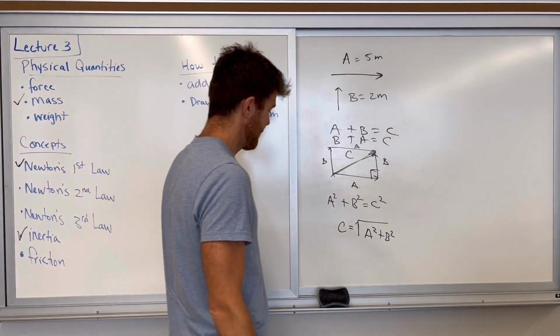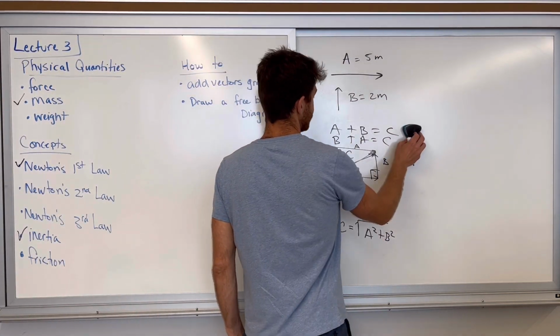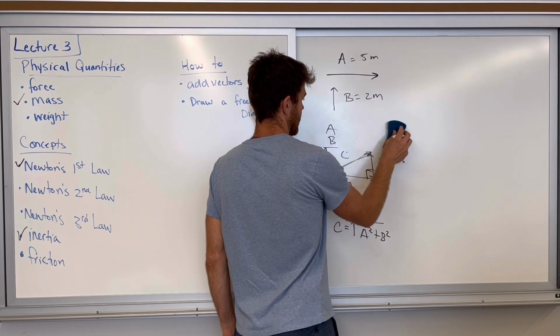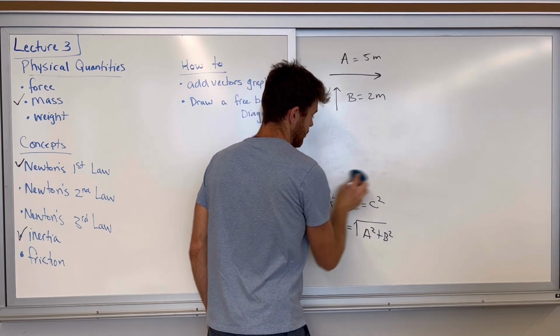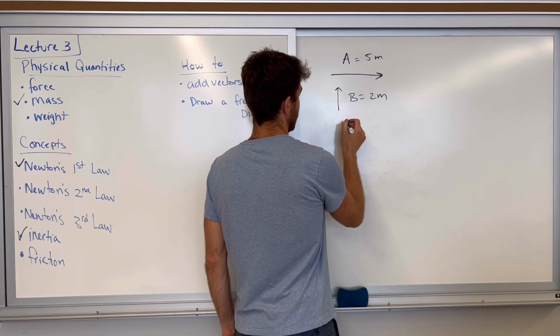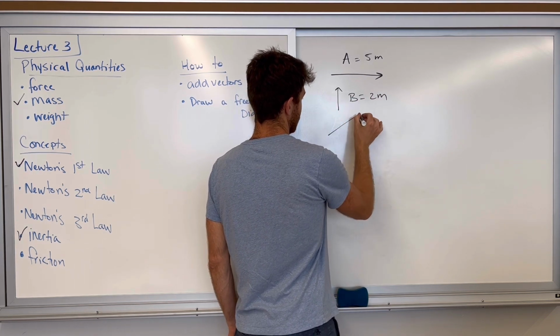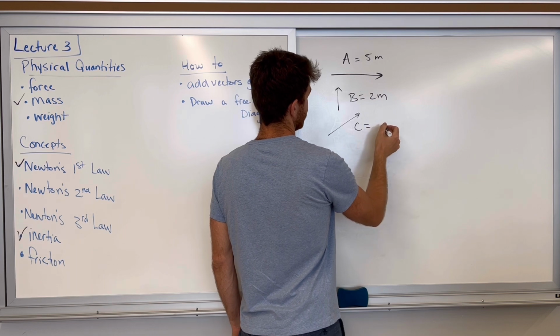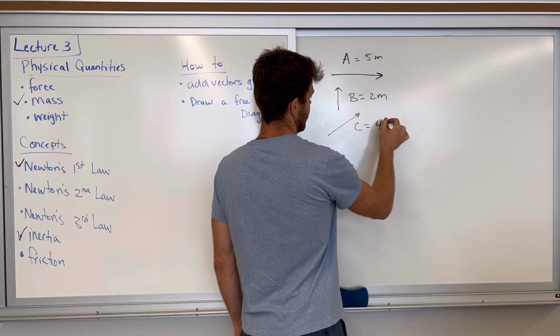All right. Now, if we add multiple vectors together, more than 2, that is. Let's say we have a third vector. Let's say vector C is, let's make this 4 meters.